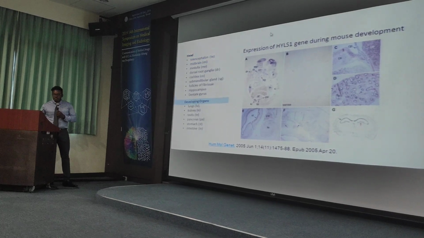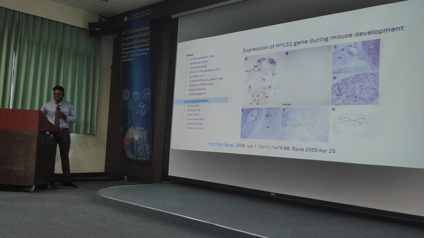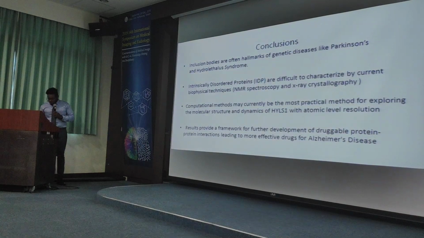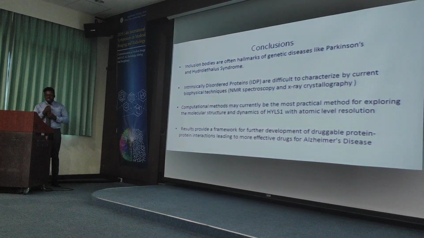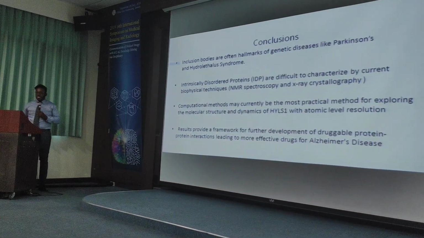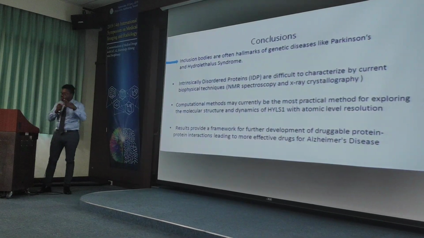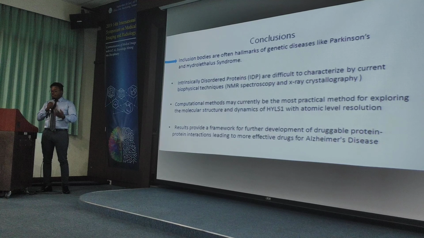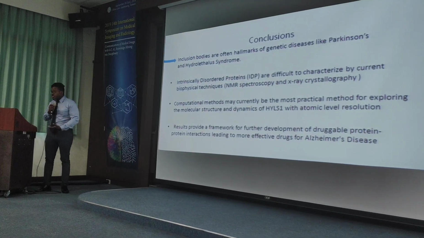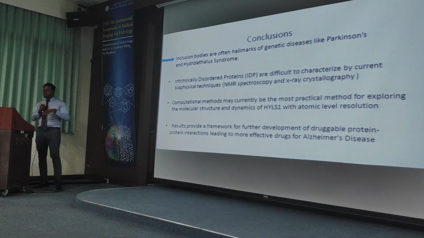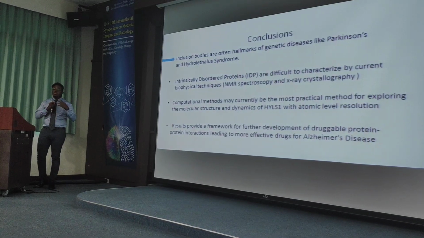So no wonder if you mutate this protein, it would affect the entire fetus, and that would create major problems. So in conclusion, inclusion bodies are hallmarks of genetic diseases like Parkinson's and Hydrolethalus syndrome, and even albinism, right? They are hallmarks of many diseases and disorders.